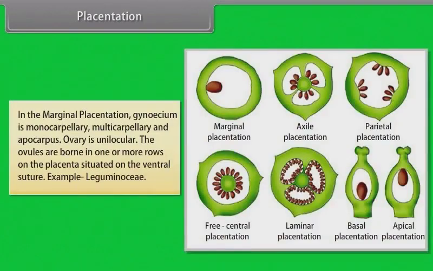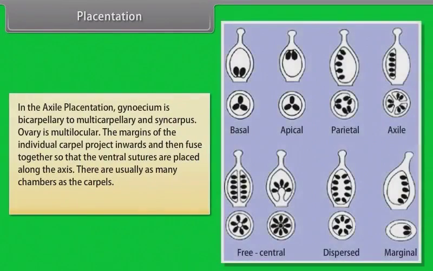In the marginal placentation, gynoecium is monocarpellary, multicarpellary, and apocarpous. Ovary is unilocular. The ovules are borne in 1 or more rows on the placenta situated on the ventral suture. Example: Leguminosae.